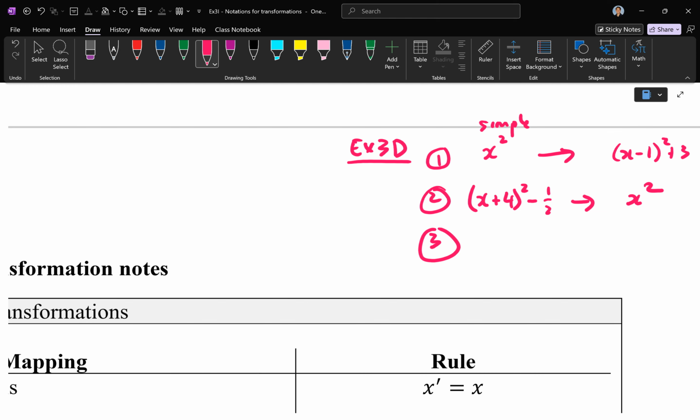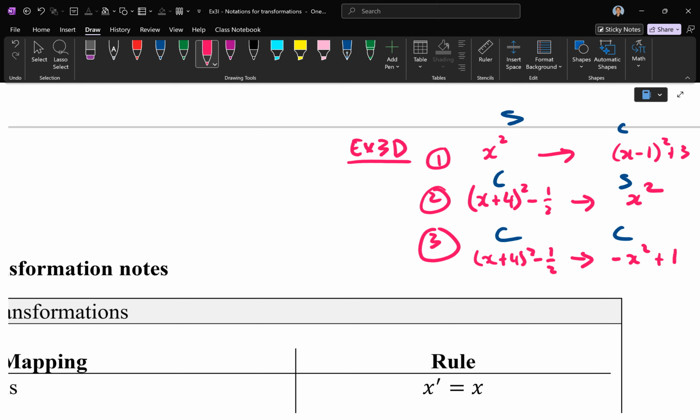The one that I think the examiners normally chuck in, if you do the end of your chapter, they usually chuck this one in, is when you go complex to complex. Let me write this: C for complex, and S for simple. So when you do (x + 4)² - 1/2, and then you try to transform it to -x² + 1, hypothetically.